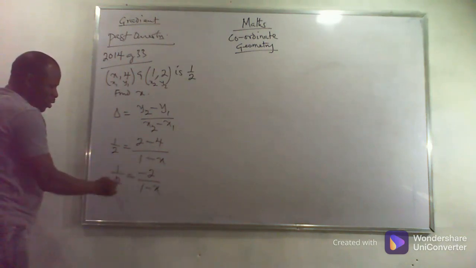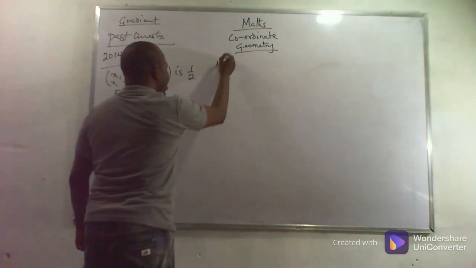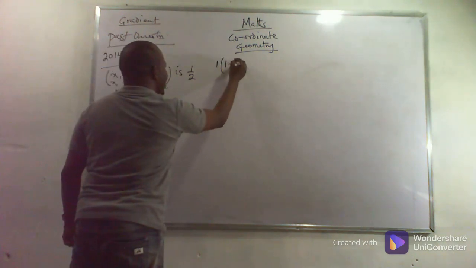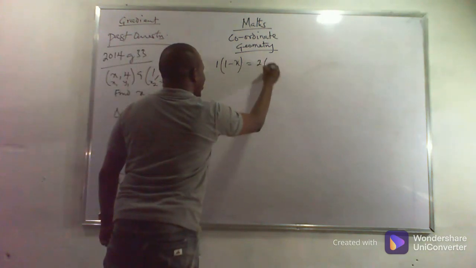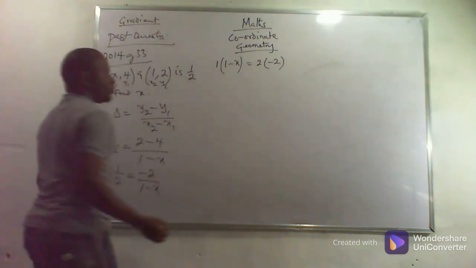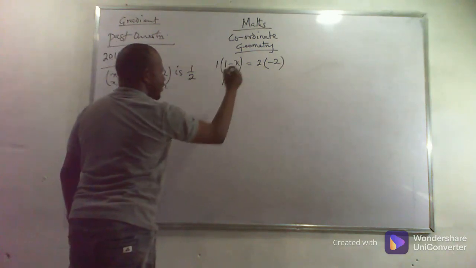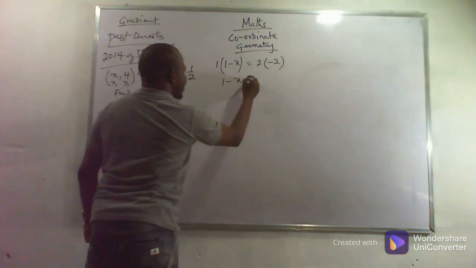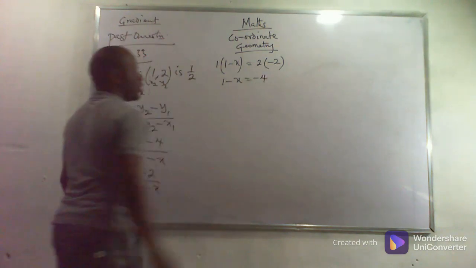Cross multiply. We have 1 times (1 minus x) equals 2 times (minus 2). Open the bracket: 1 minus x equals 2 times minus 2, that gives me minus 4.